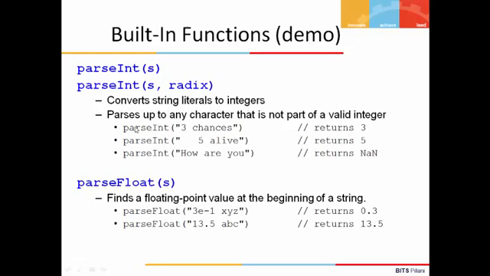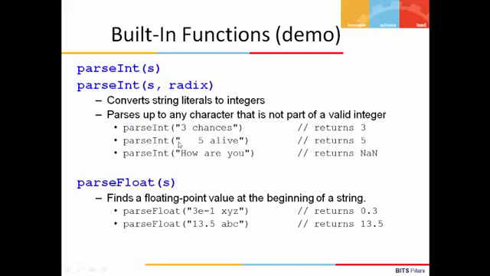Say for example, if you have something like parseInt of 3 chances, it is going to return 3. It parses up to any character that is not part of a valid integer. So basically you're asking it to parse for an integer, and it is going to return an integer in this particular string, which is supposed to be 3.